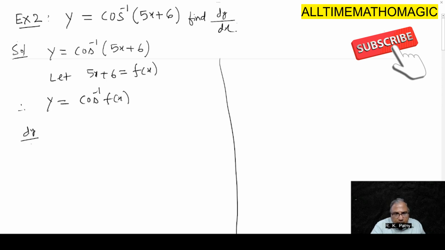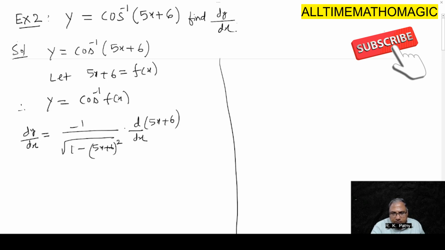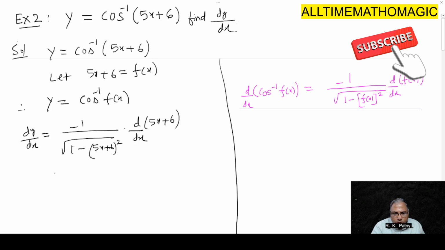Therefore, dy by dx equals to minus 1 upon under root of 1 minus (5x plus 6) whole square into derivative of 5x plus 6 with respect to x. This is as per the formula.